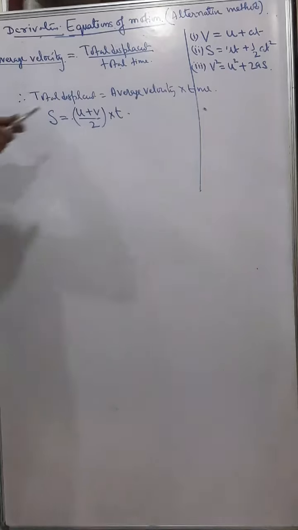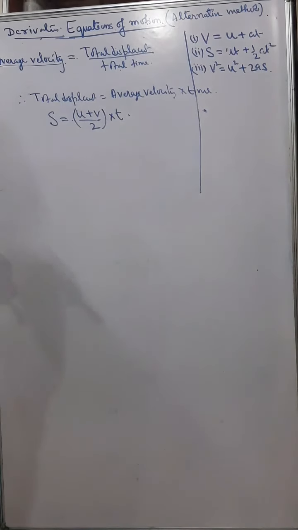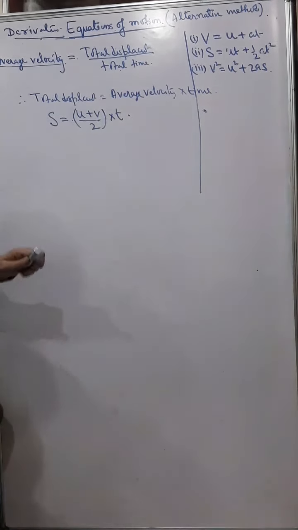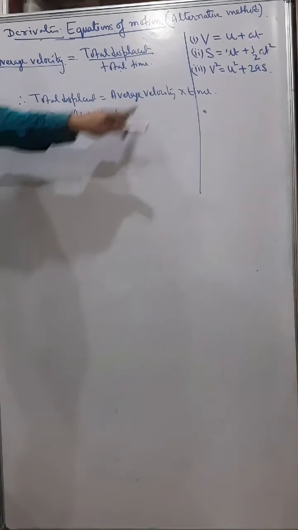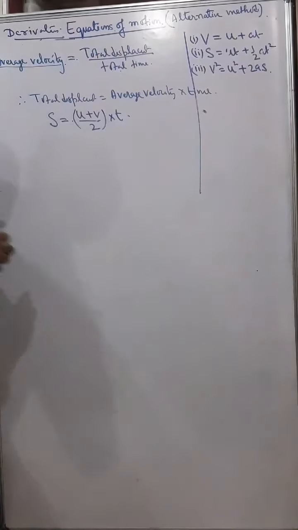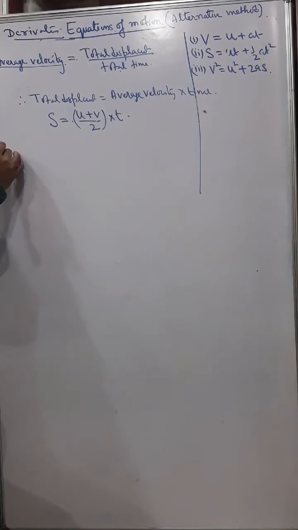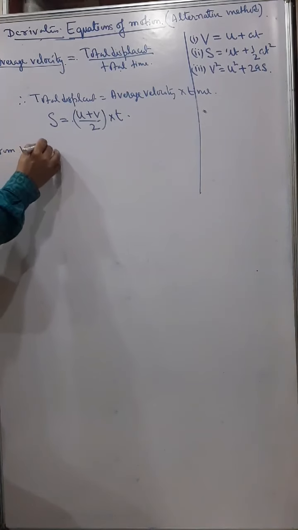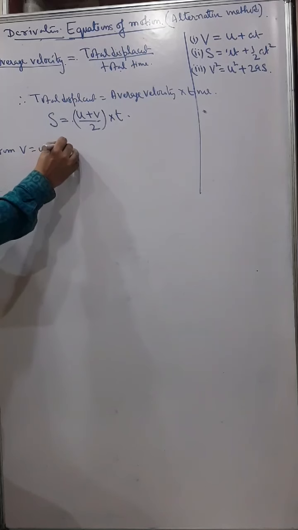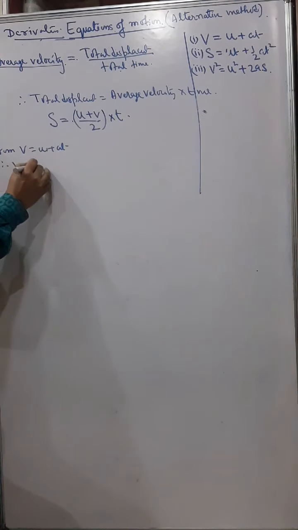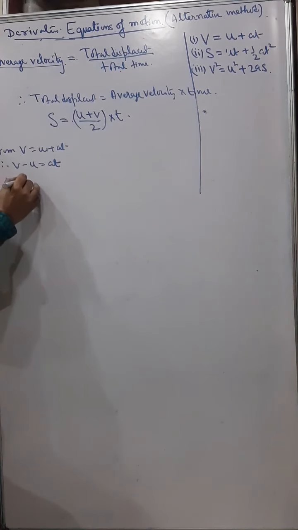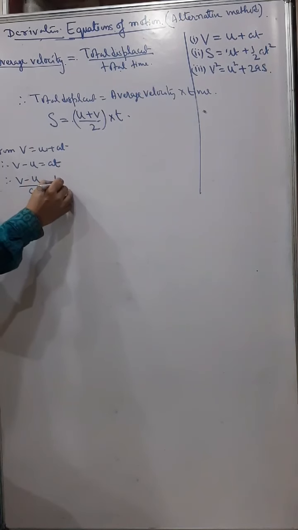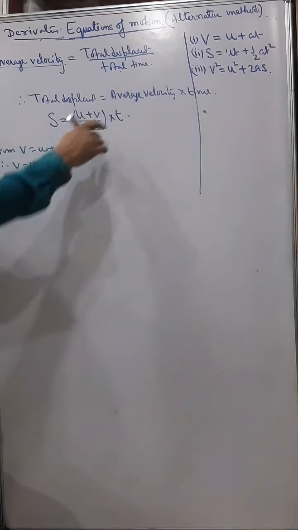Okay, now for the third equation of motion, similarly as we have done in the graphical method, you can understand that in the third equation of motion t is not there. So we'll replace this t using the first equation of motion. From v equals u plus at, we can say that v minus u equals at, and finally v minus u by a is equal to t. We'll just replace this.